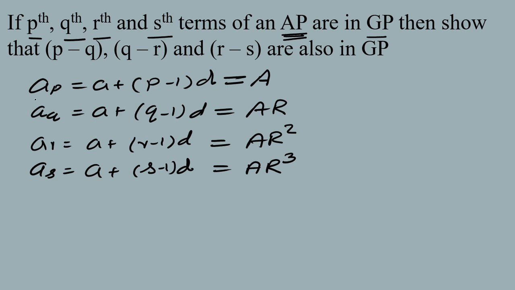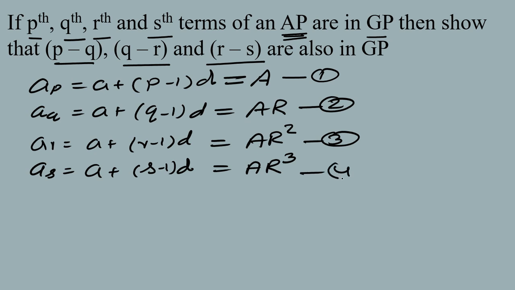Now what we have to show? We have to show that P minus Q and the other terms are in GP. So what can we do here? Just try to understand. We need to find these terms from these equations. So let's number all these equations: this is 1, this is 2, this is 3, and this is 4.